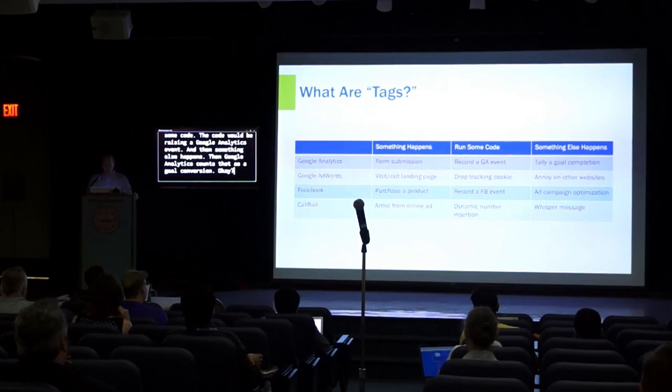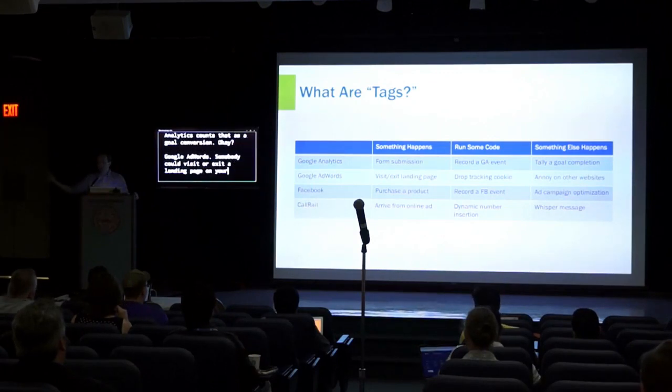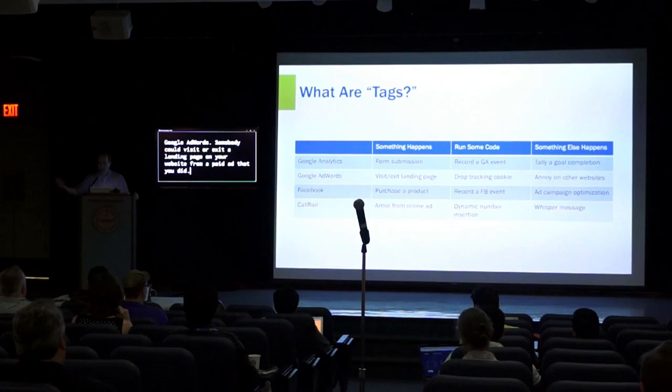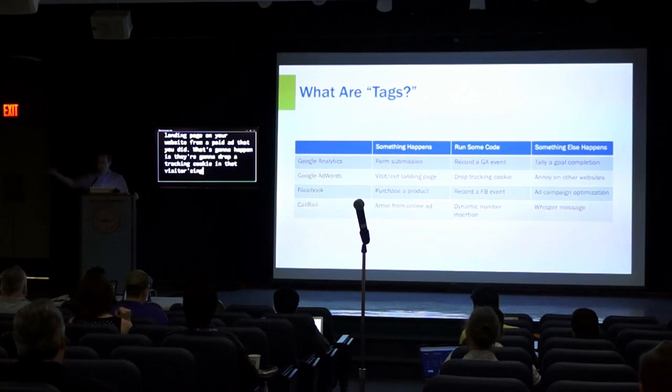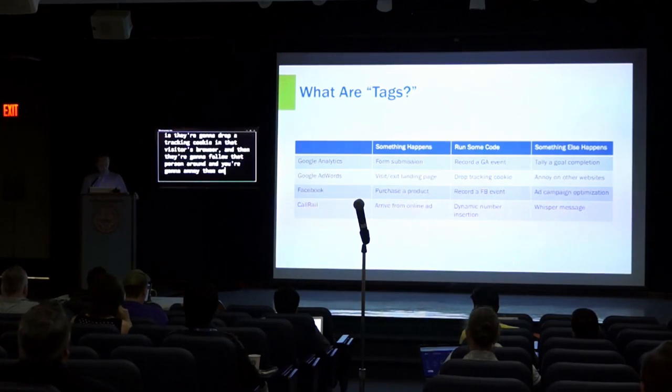Okay? Google AdWords: somebody could visit or exit a landing page on your website from a paid ad that you did. What's going to happen is they're going to drop a tracking cookie in that visitor's browser, and then they're going to follow that person around, and you're going to annoy them on other websites with your retargeting ads.